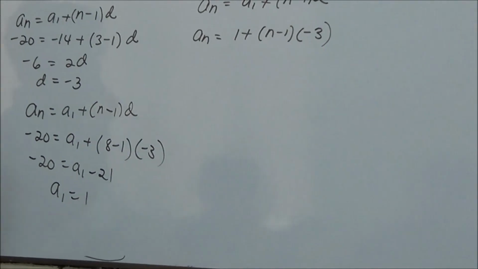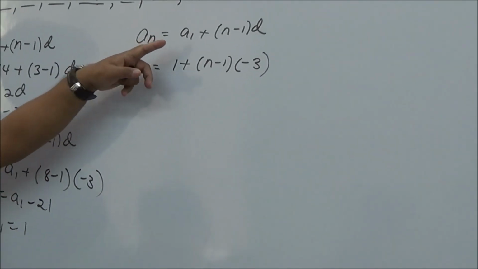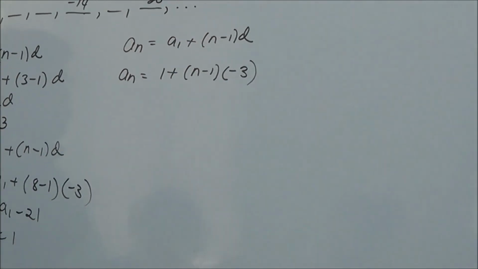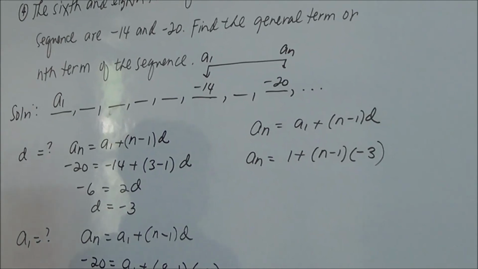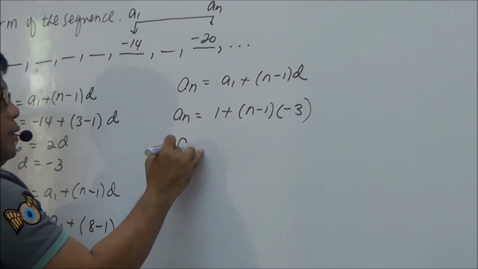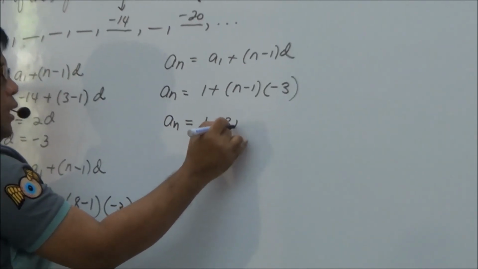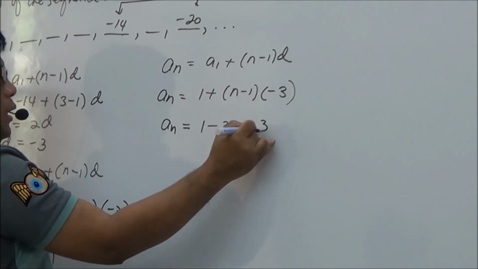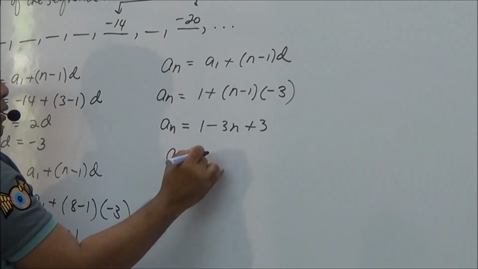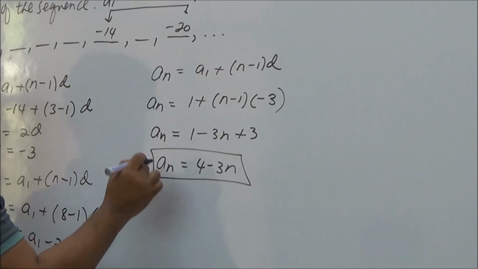We only supply values for A1 and the common difference when we want to find the general term or the nth term, so no values for AN and N. So what is then A sub N? 1 minus 3N plus 3, or we can also write this as 4 minus 3N. So this is right.